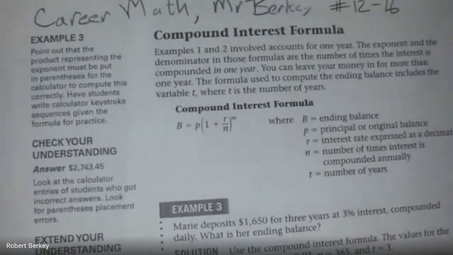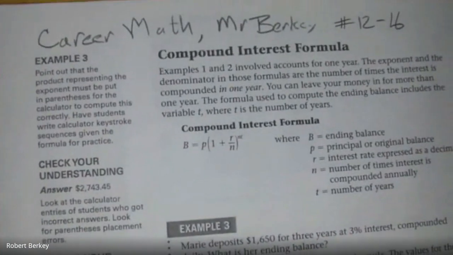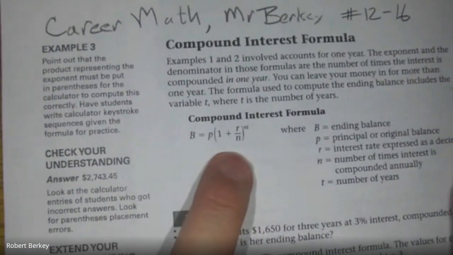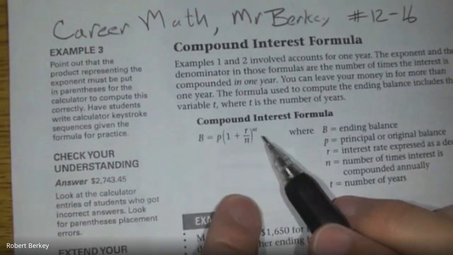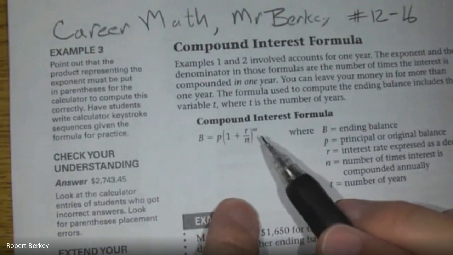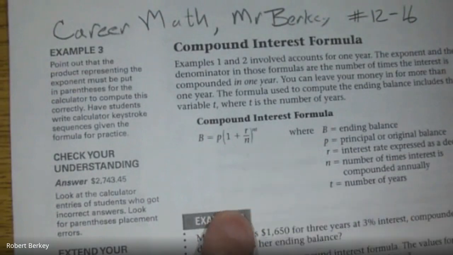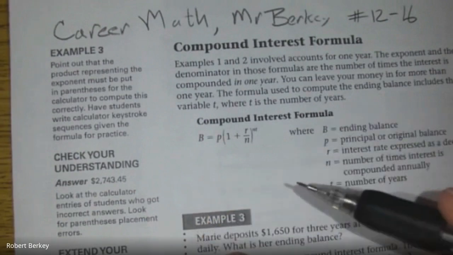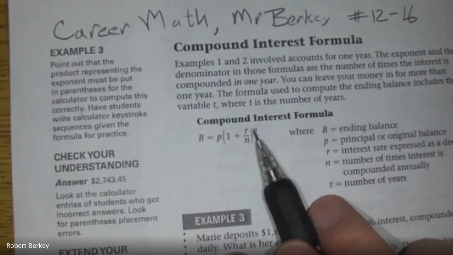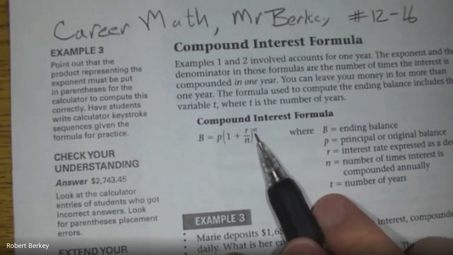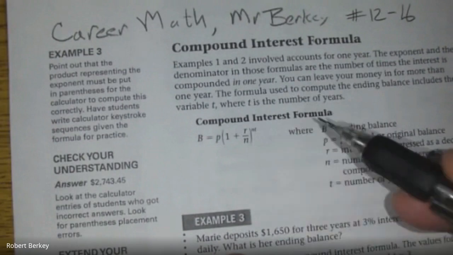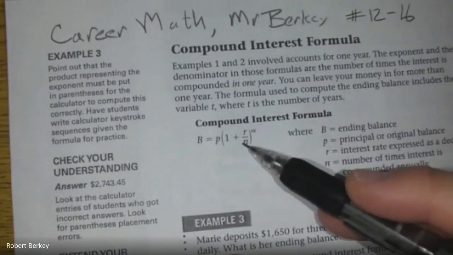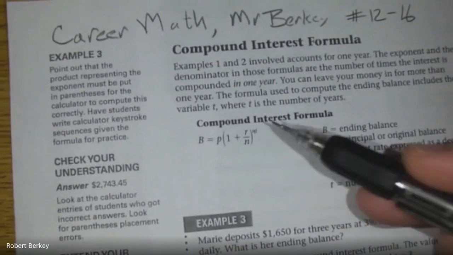Okay, so there's two big ideas in this chapter. The first big idea was compounding. Remember we said if you do it daily for a year, you'd actually have to do R over T times, that many times.